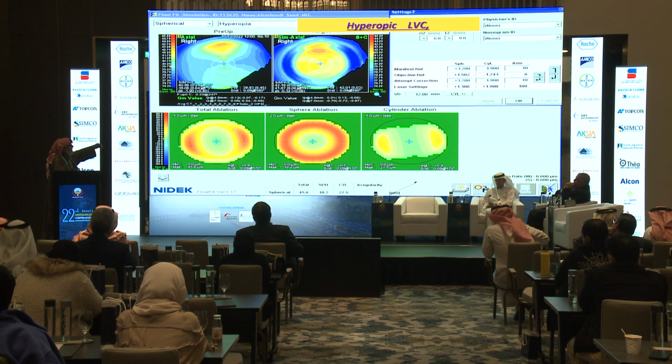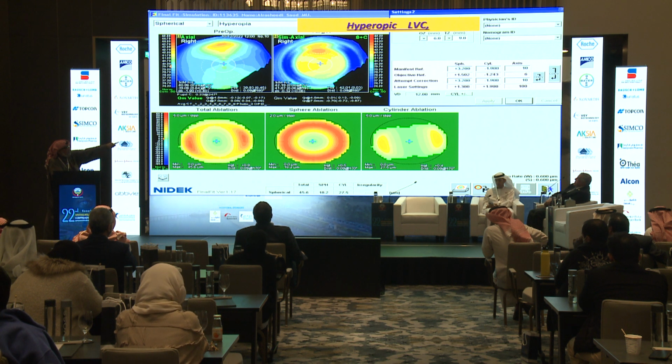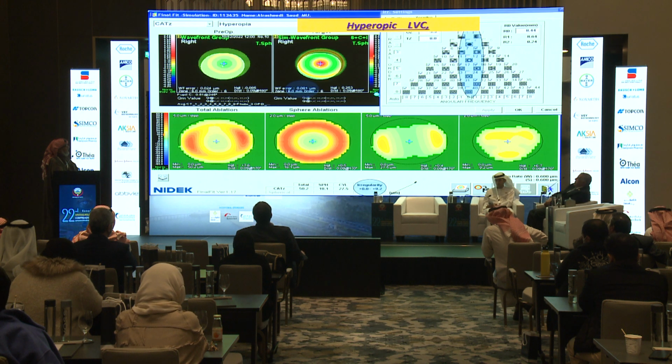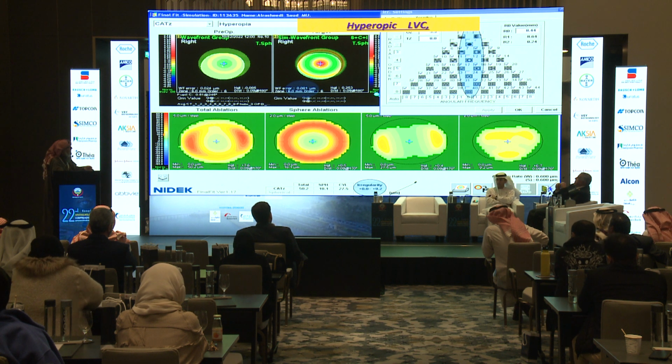So the idea is to increase. This is a hyperopic patient. You can see from the correction, he was 39.9 and became 42, about 2 diopters of correction. This is only correction for hyperopia with some astigmatism: +3 and +1.3, +1.9. Now, look at the spherical aberration after this treatment. It went from 0.24 to 0.81.